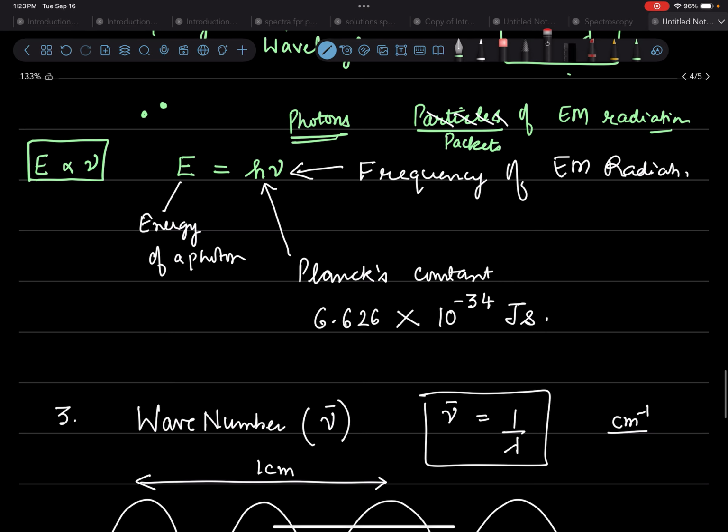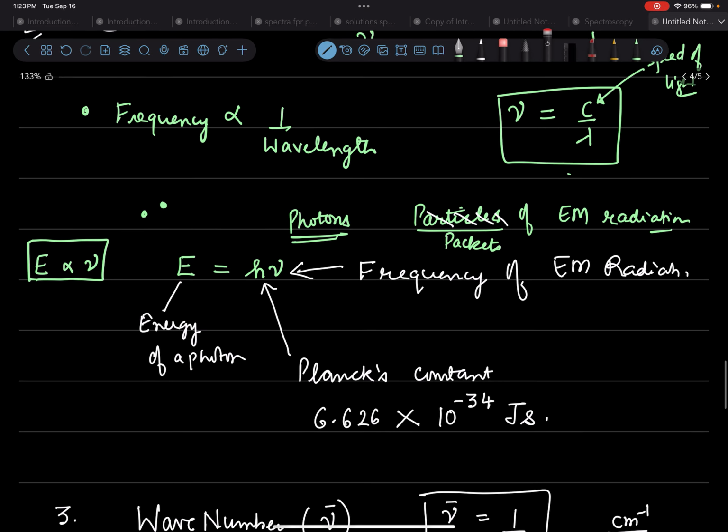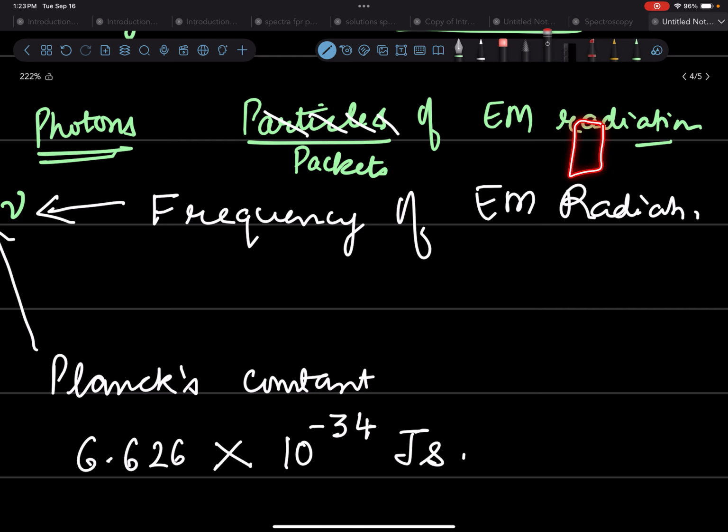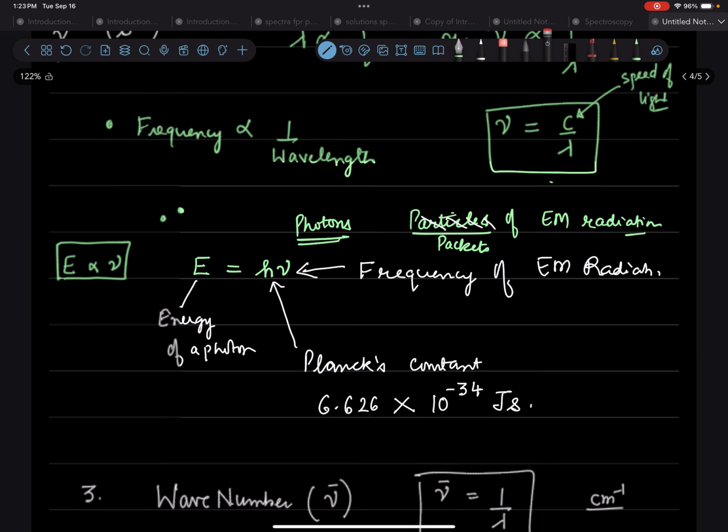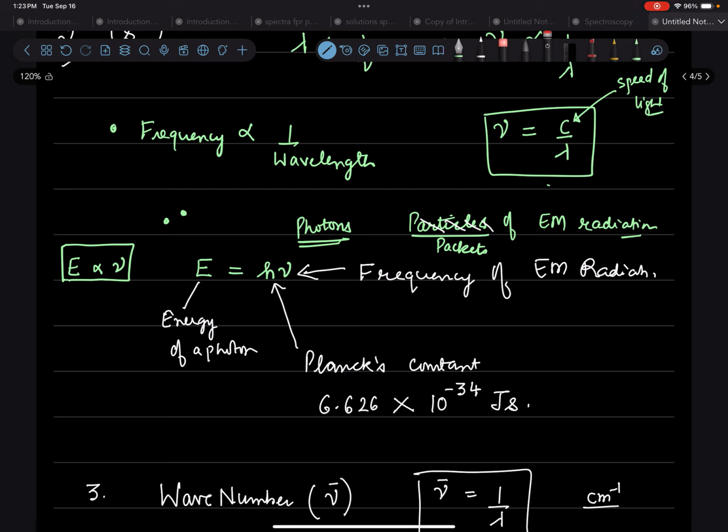And we also talked about the energy. Now frequency is c by lambda. So I can write E equals h times nu, and nu is c by lambda, so E equals hc by lambda.